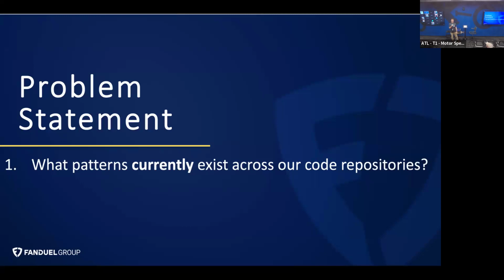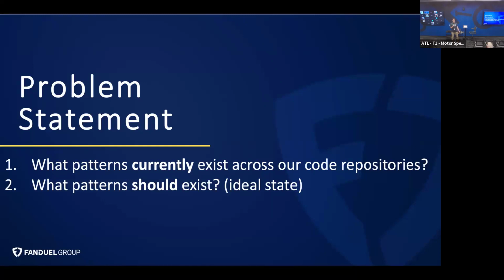Nice. So our problem statement is: what patterns currently exist across our code repositories? Coming into this, I just wondered what's actually in our code repos. The first thing that comes to mind is the application security engineer who's supposed to be securing the code. What patterns should exist?